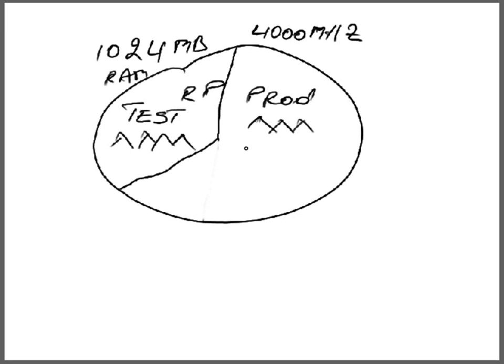So let's assume you're giving, for example, your production environment here 85% and your test environment 15%. So far we've been dealing with one resource pool that has two child resource pools in it, one for production, one for testing, and the ratio has been 85% for production, 15% for testing.